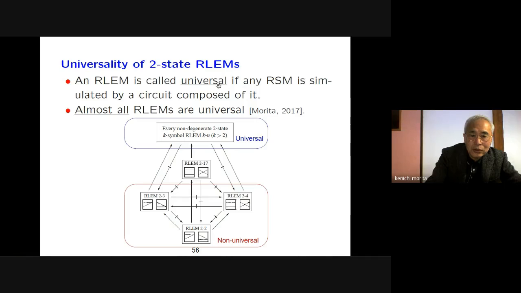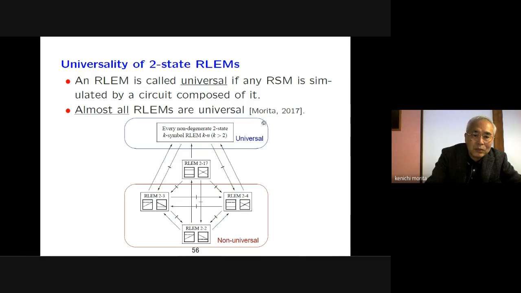It has been shown that almost all two-state reversible logic elements with memory are universal. An RLEM is called universal if any RSM is simulated by a circuit composed of it.